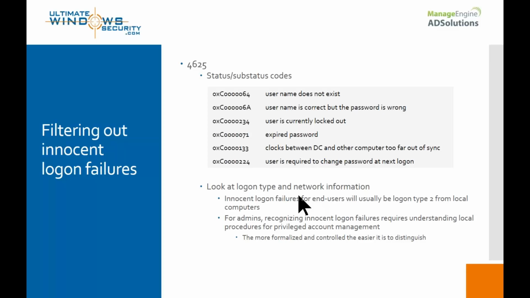Well, no. See, there's a perfect example. So the tighter your controls on privileged accounts are, the easier it is to distinguish innocent logon failures from malicious ones. Because, see, the bad guys typically are not going to be aware of your written policies on privileged user account usage.